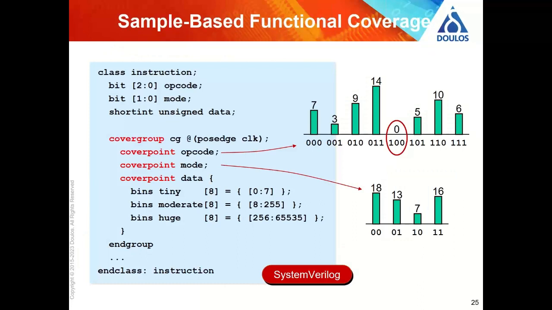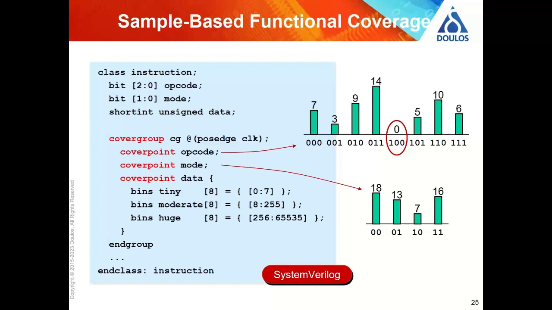So normally with coverage, we talk about functional coverage. And languages like SystemVerilog include specific syntax to make it easy to create cover groups. A cover group is going to record information about how values are changing in your test bench. In this case, we're triggering it on a clock. So every time we get a positive clock edge, we're going to update the values in here.